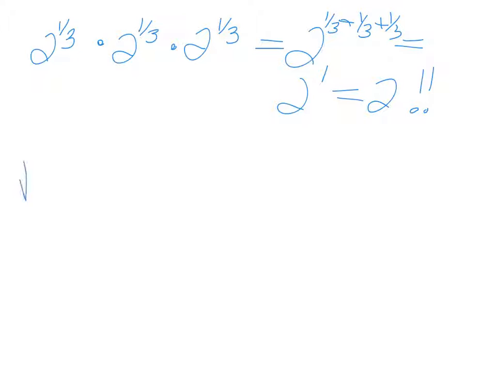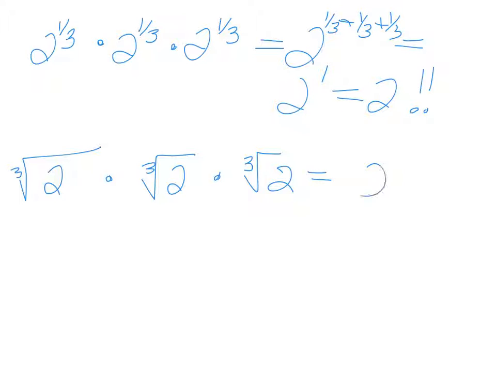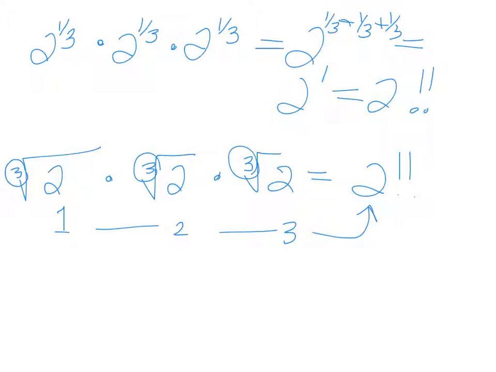That's the same as what we see here: the 3rd root of 2 times the 3rd root of 2 times the 3rd root of 2 equals 2. If I have 3 of a 3rd root, I get 2.